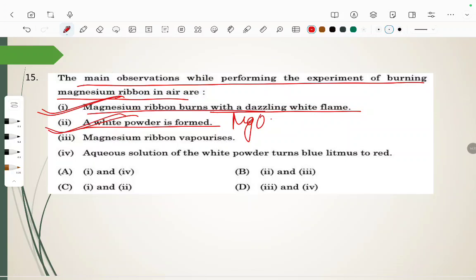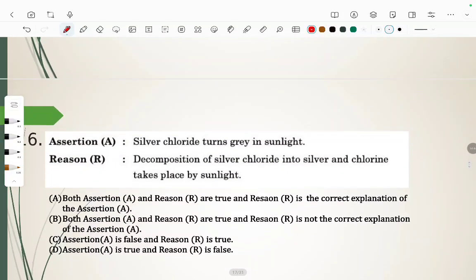Magnesium ribbon vaporizes. No, it never happens. Aqueous solution of white powder turns blue litmus red. No, magnesium oxide is basic in nature, so it turns red litmus blue instead of turning blue litmus red. So this is also wrong. 1 and 2 are the only correct options. C option is absolutely correct.